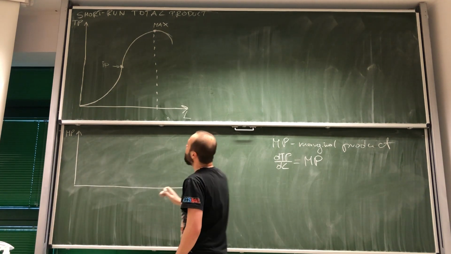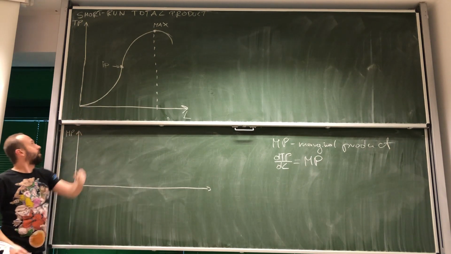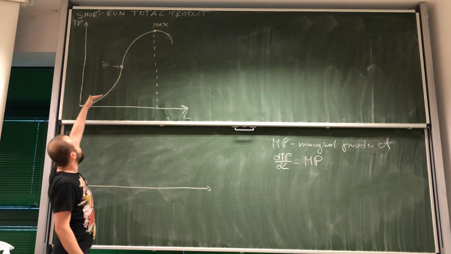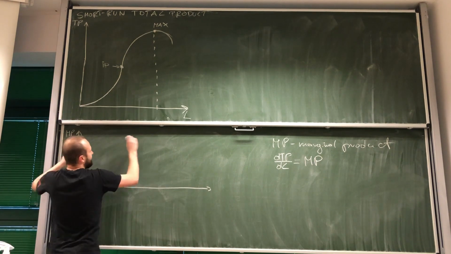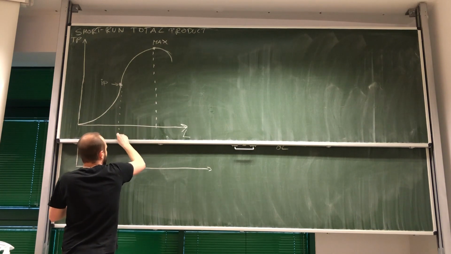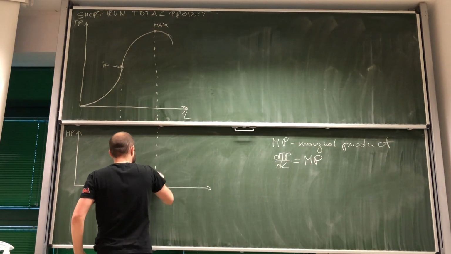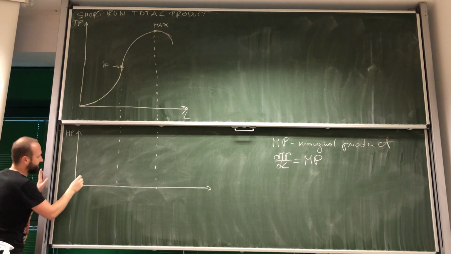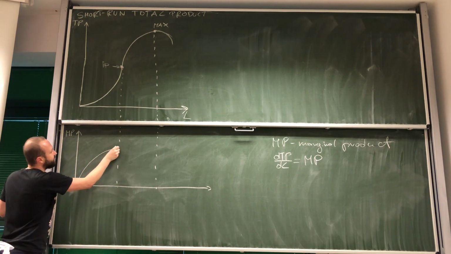Here, we see that the function increases more than proportionally. What does it mean? It means that over here, the slope of the function is increasing. So we see that over here, marginal product should be increasing, right?